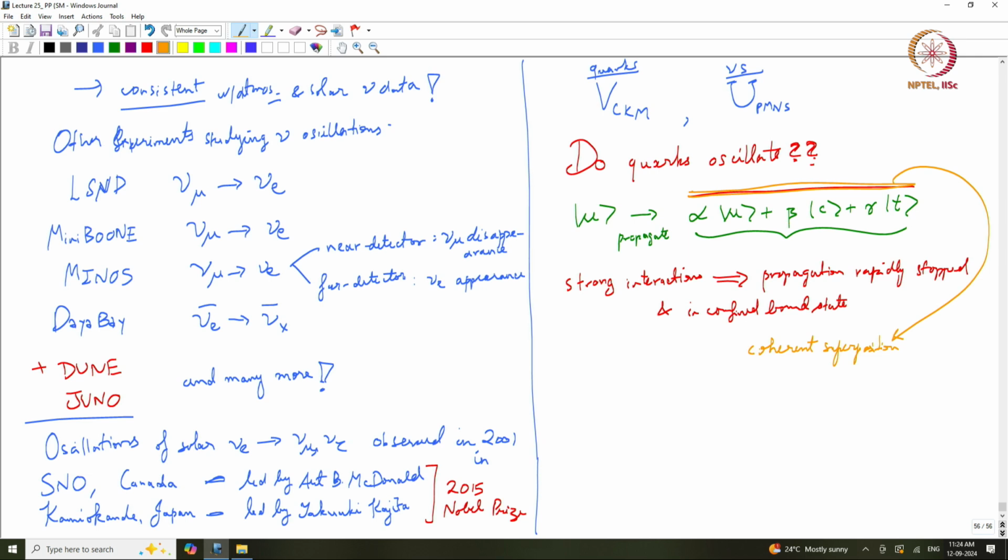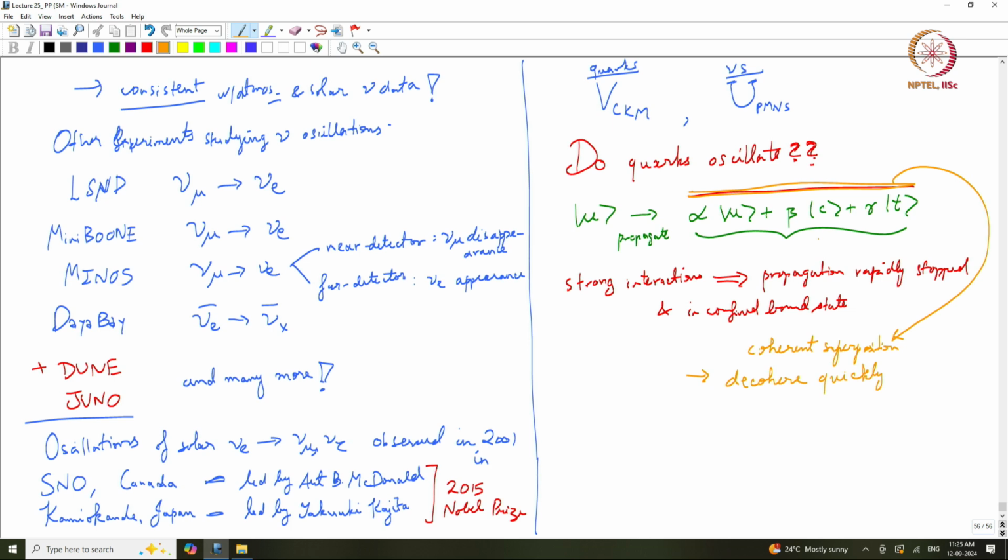But because it is going to encounter all these other nuclei, baryons and so on in a medium in which this is traveling, this combination is going to immediately decohere. So, you are not even going to hold on to this coherent superposition in the first place.